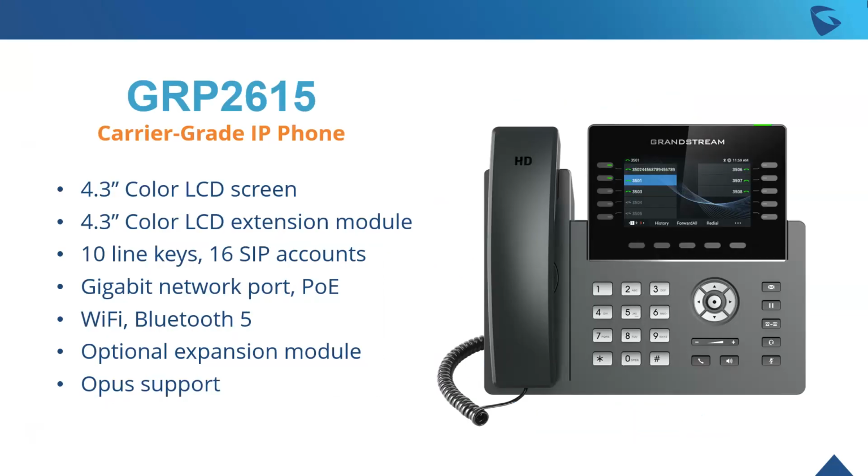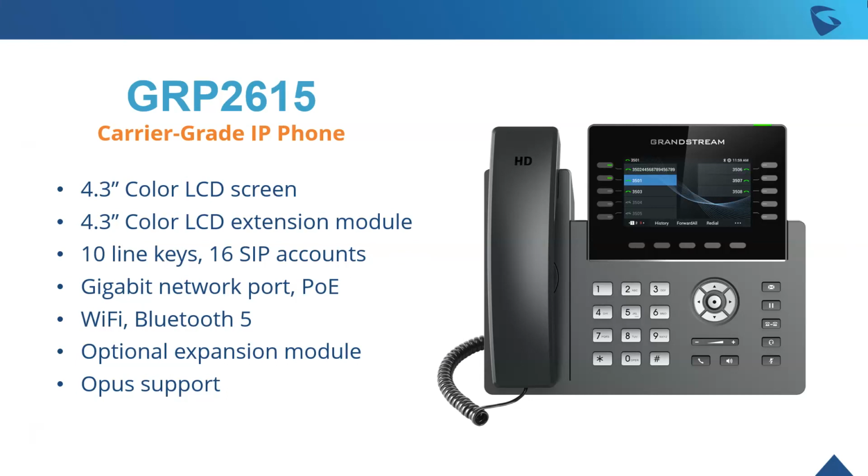All right. Last but not least in the series here, and you may notice there's a little less information on this, but this one's still kind of in development. But this has a 4.3-inch color LCD screen, much larger, much more vibrant. It will support a 4.3-inch color LCD extension module, a new one that we are developing specific for this line.